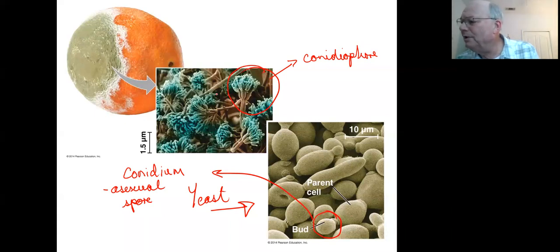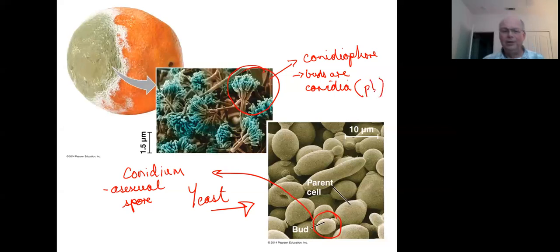And that's because each of these little buds are conidia. That's the plural. So the singular is conidium.